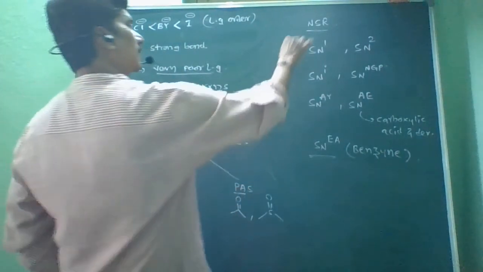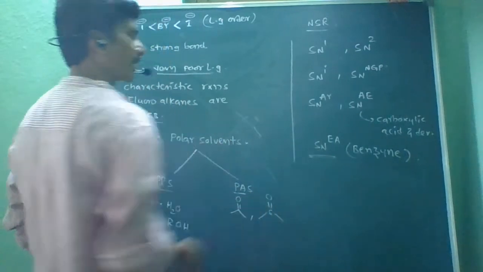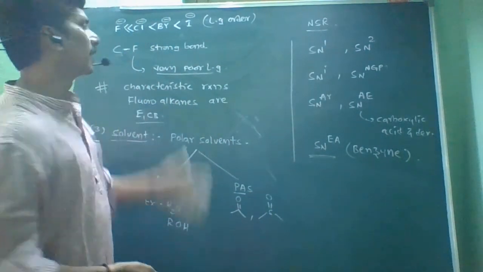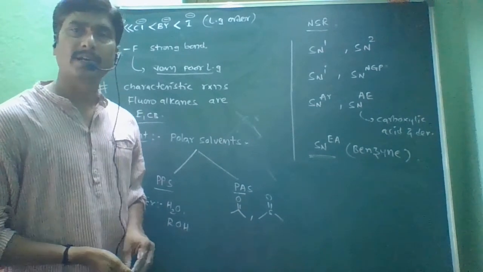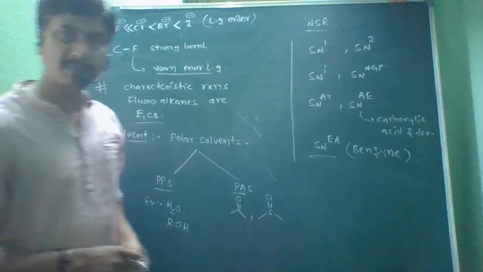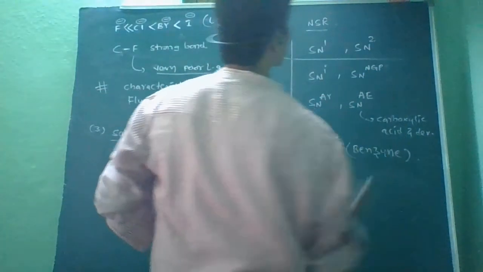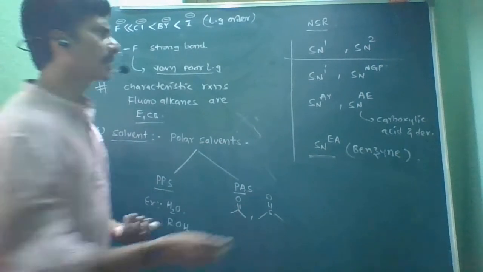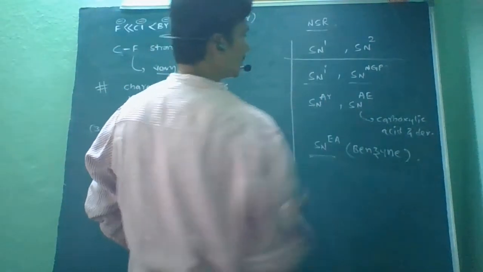So these all are the nucleophilic substitution reactions. As per your syllabus, we are discussing only these two, SN1 as well as SN2, and some cases of SNi as well as NGP.